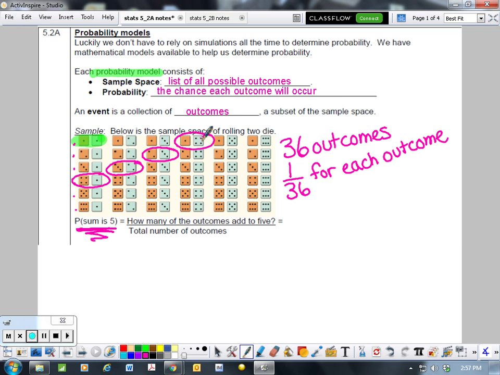So 4 of my outcomes add up to 5, which means the probability of getting 2 dice that add up to 5 is 4 out of 36. For our purposes, we reduce the fraction. Both of these can be divided by 4, which is a 1 out of 9 chance. Our brains make more sense of something that is a reduced fraction, where it's low numbers, or turned into a percentage. It just makes more sense to us.